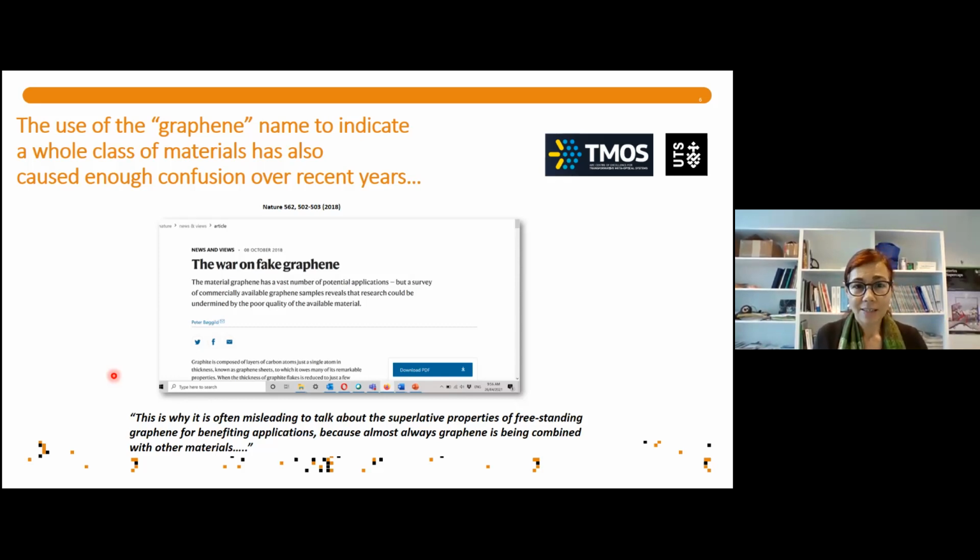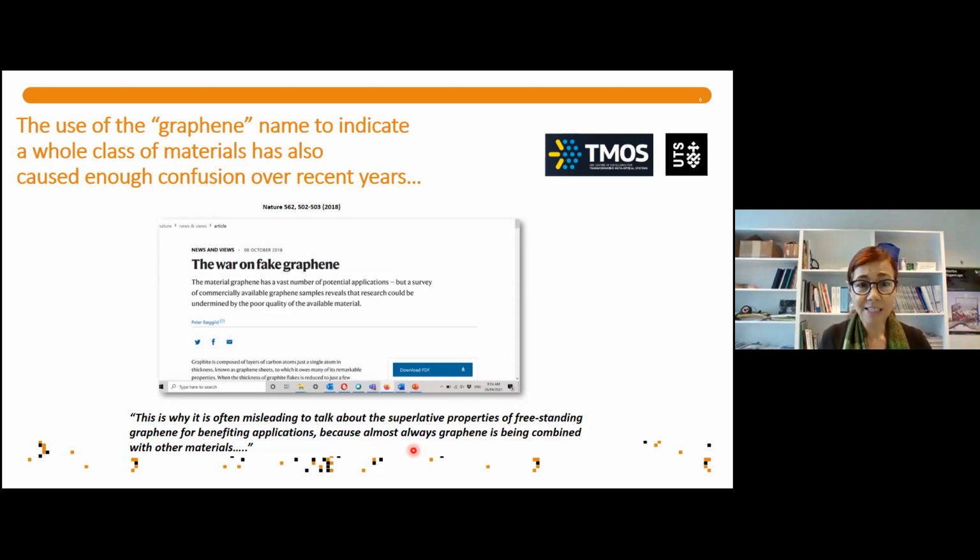And the other thing that creates confusion is the fact that, being a 2D material, of course, it doesn't behave like a normal thin film that people were used to working with. This also means that a lot of what we call the properties of the ideal graphene are really properties based on an infinite sheet of graphene, with no grain boundaries at all, perfect graphene suspended in vacuum and such, which is what I call the ideal graphene.